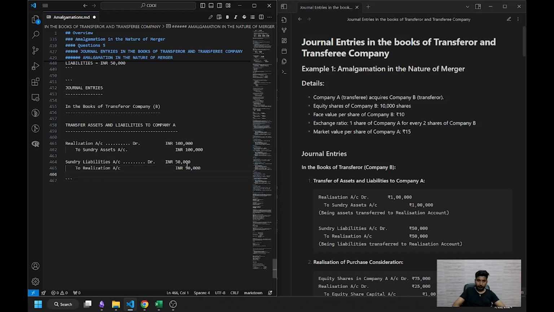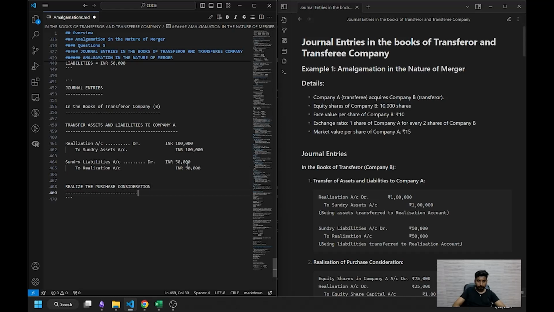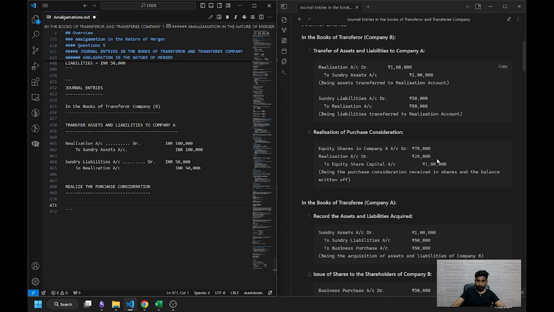Now all the assets and liabilities have been reallocated and transferred. After that, we will realize the purchase consideration. What is the purchase consideration?